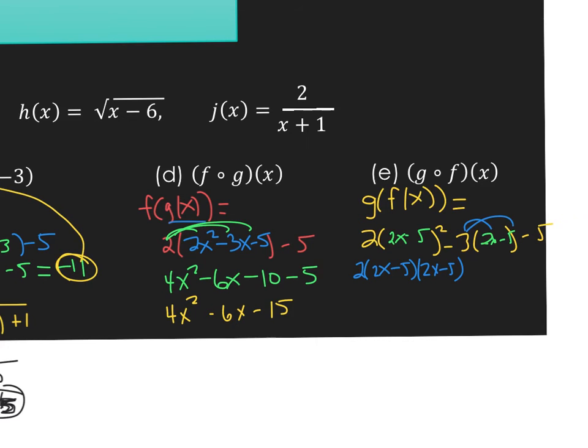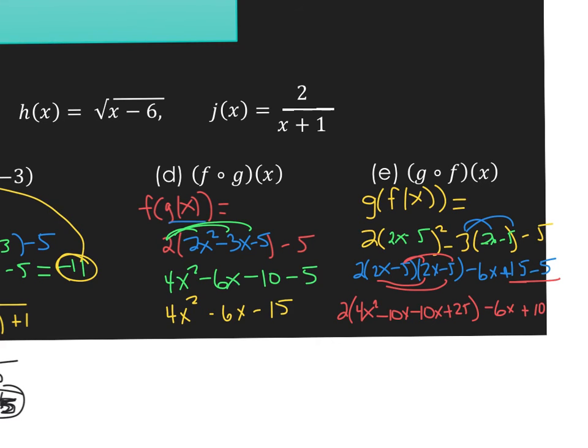We'll distribute here, so negative 6x plus 15, and then minus 5. And then we will distribute first, outer, inner, last: 2 times 4x squared minus 10x minus 10x plus 25. And minus 6x, and you can combine these two here to be plus 10.